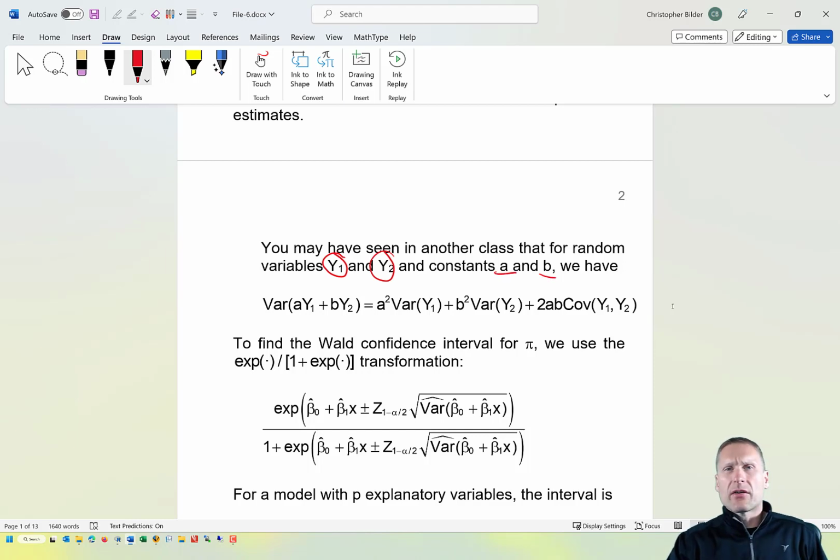So these are numerical values or constants. If I want to find the variance of a times y1 plus b times y2, all I would need to do is take a squared times the variance of y1 plus b squared times the variance of y2 plus 2ab times the covariance of y1, y2. In a mathematical statistics course, you would actually prove that result, but we can apply it here.